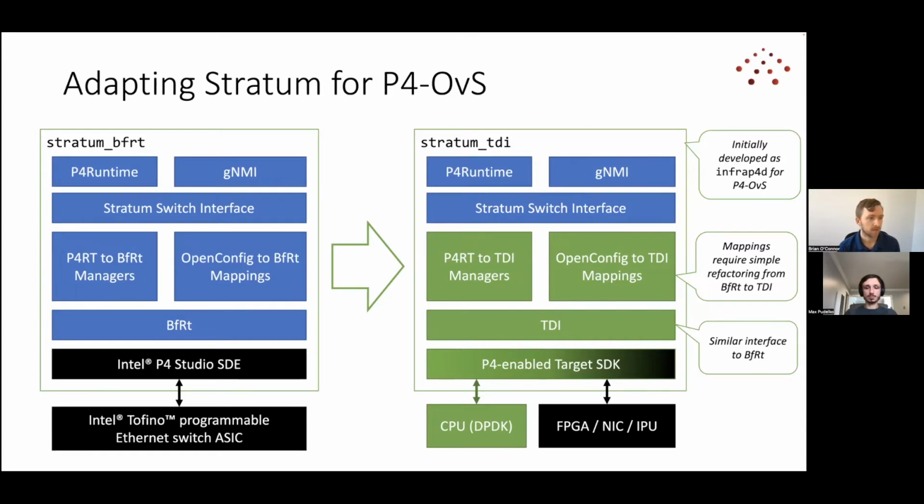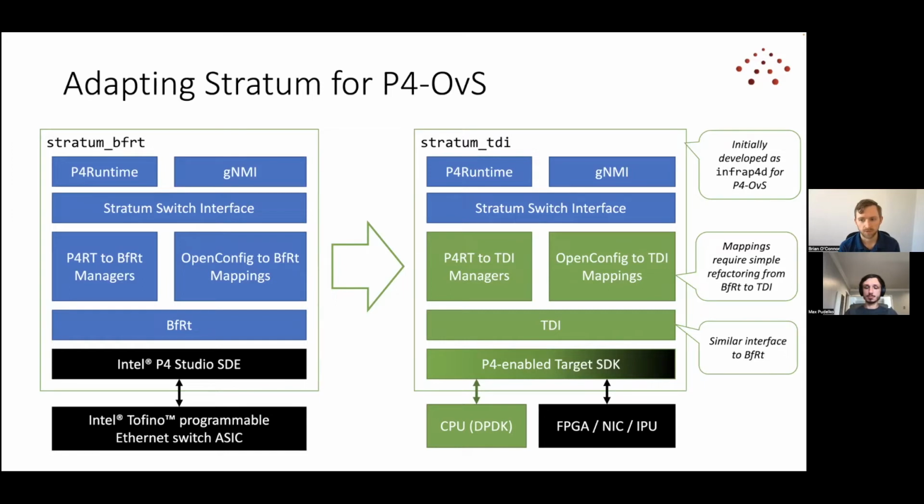Moving to the right and looking at TDI, we're fortunate in the fact that TDI is a C++ interface that is very similar from a semantic perspective to BFRT. So we only need to do a little bit of refactoring, which is relatively straightforward, from BFRT managers to new TDI managers.